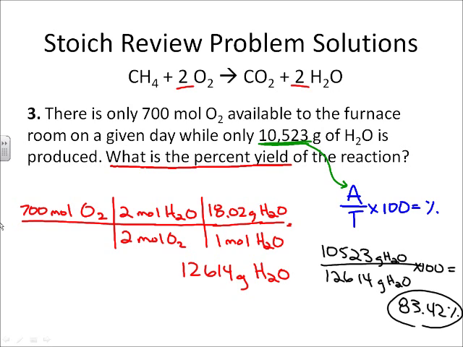So that's how we're going to calculate our percent yield. Remember that the only way to get a theoretical yield for any kind of percent yield problem is always going to be through doing a Stoich setup.